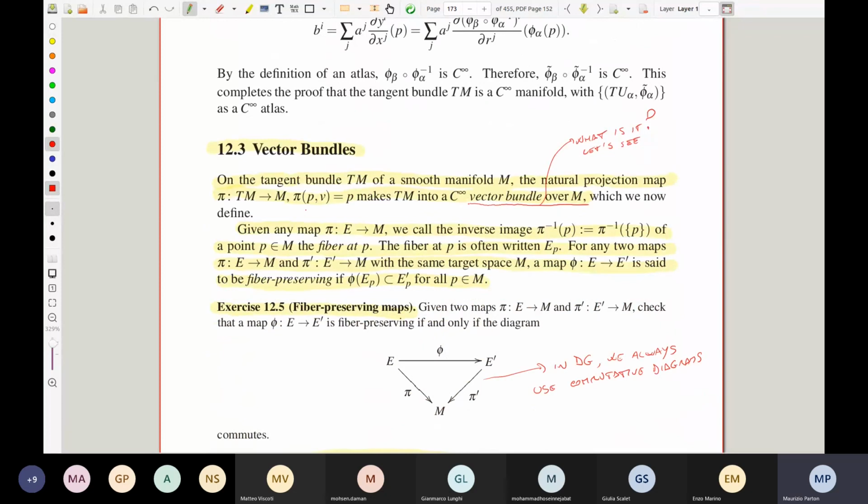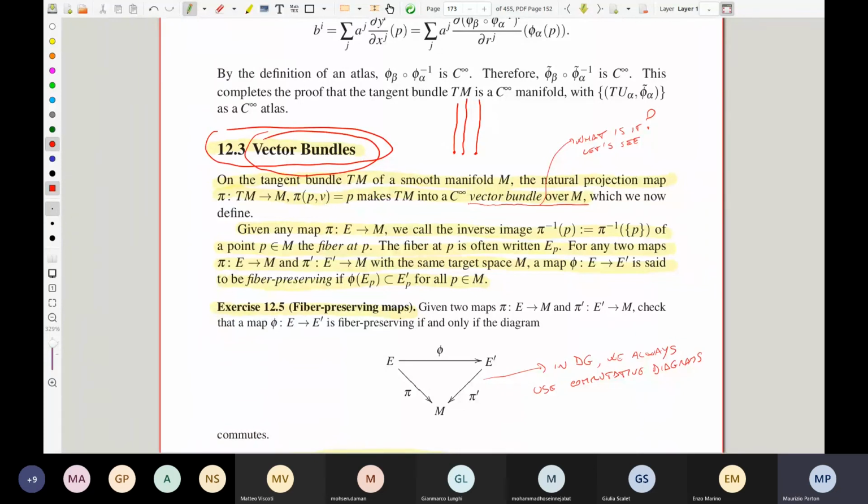well, there is this general notion. What we are doing is very general, actually. We are taking, on every point, a vector space. You see, on every point, a vector space. When you do this, we say you are building a vector bundle. Bundle means exactly doing what we were saying before.